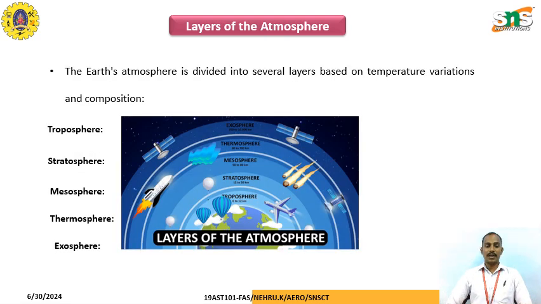Coming to the layers of the atmosphere, the Earth's atmosphere is divided into several layers based on temperature variation and composition. From ground level, the first layer is the troposphere, second the stratosphere, third the mesosphere, fourth the thermosphere, and finally the exosphere.